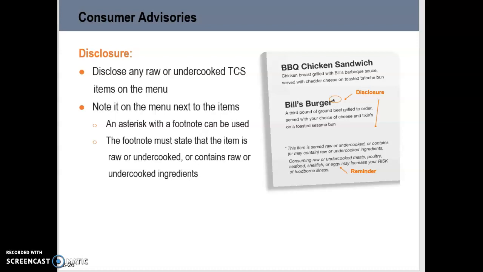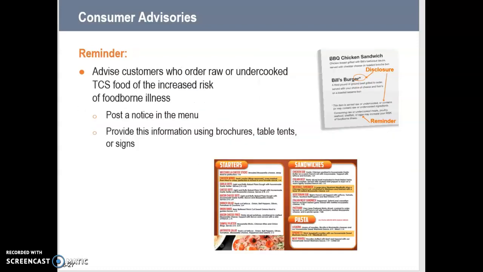You will usually find it with an asterisk or a little message in italicized letters down on the bottom of a menu. So they need to make sure that it is in the footnote somewhere. This advises customers that when they order raw or undercooked TCS foods, it increases their risk for foodborne illness.